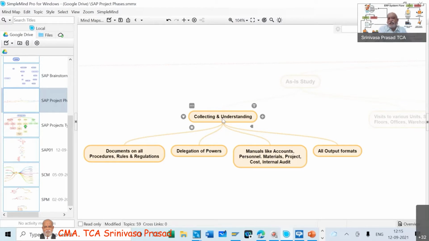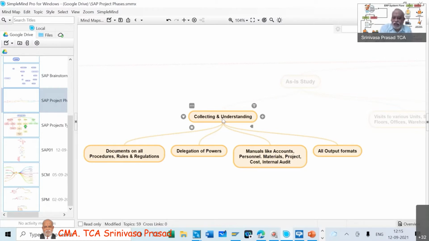And there is one great opportunity for consultants or people who can help the organization. If the organizations do not have these kinds of manuals, we, being the professionals, may be able to help them in developing these manuals. This is also one of the areas which is very wide open for people like us.